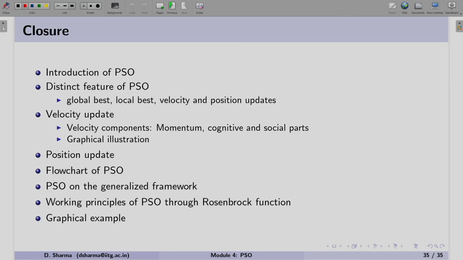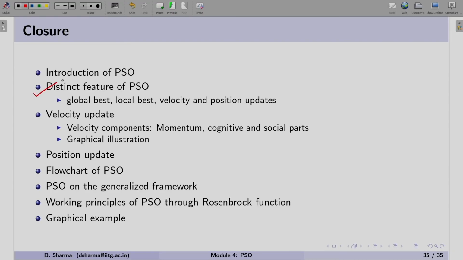With this introduction and the working principle of PSO, let us come to the closure of this session. In this session, we have gone through the introduction of particle swarm optimization, since it works differently than the genetic algorithm.